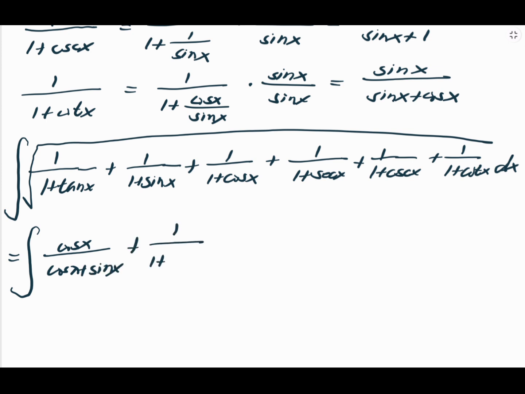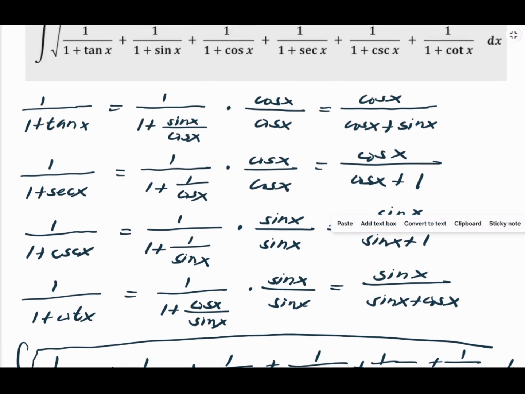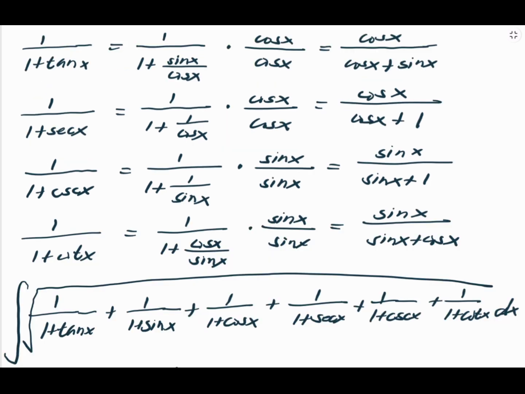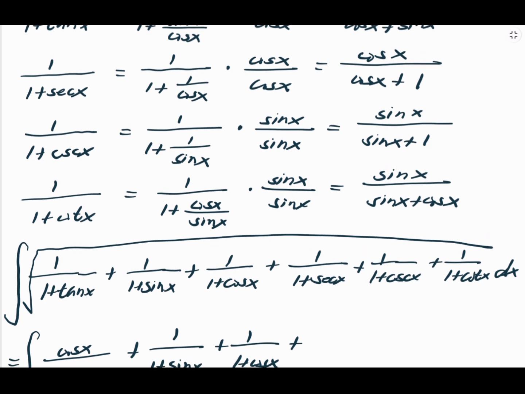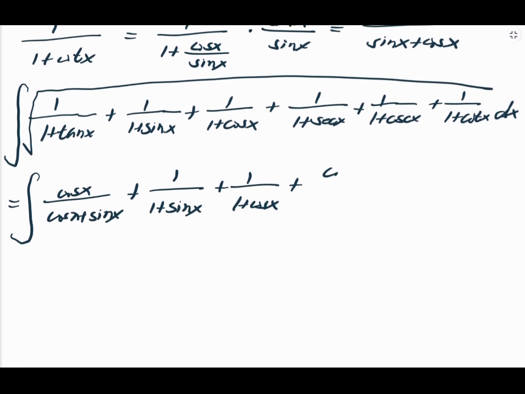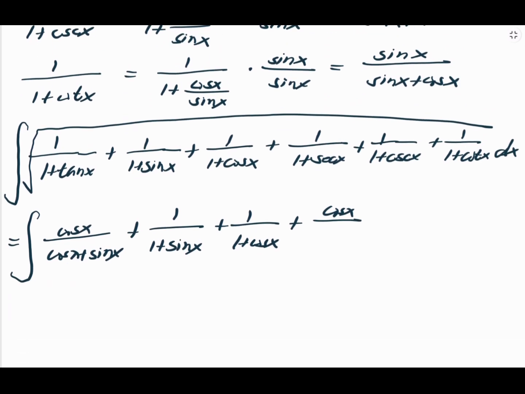So we write cosine of x over cosine of x plus sine of x, plus 1 over 1 plus sine of x, plus 1 over 1 plus cosine of x, plus, how about this 1 over 1 plus secant? That is cosine of x over cosine of x plus 1.